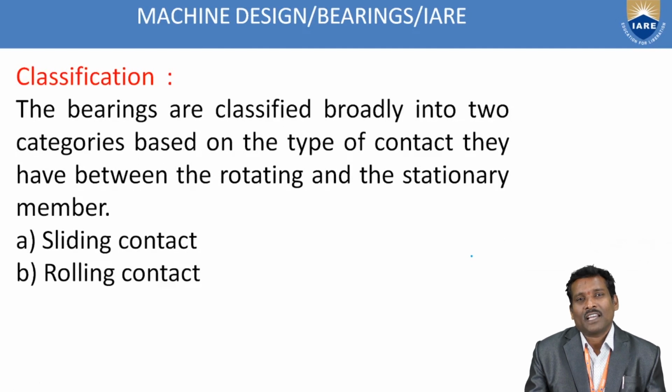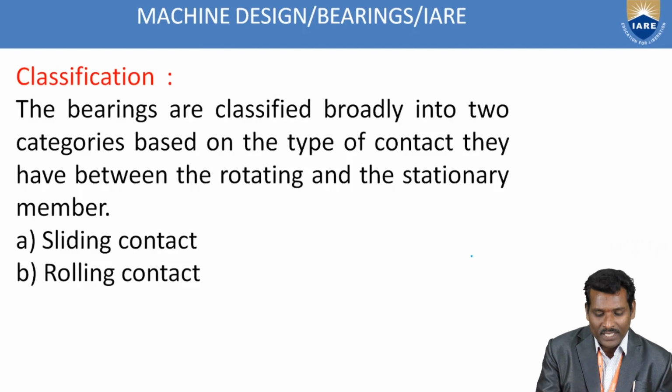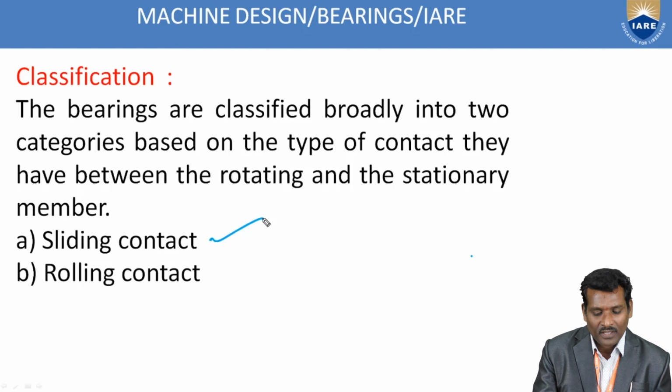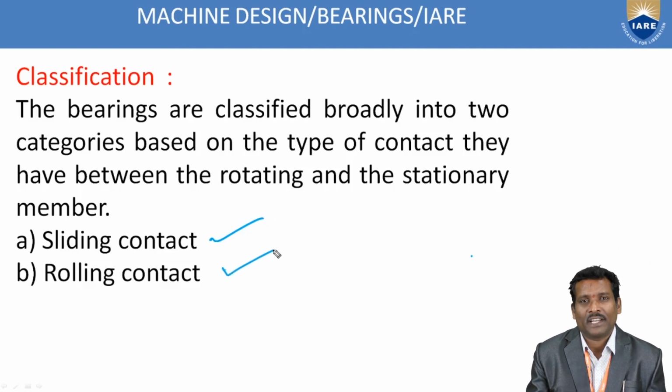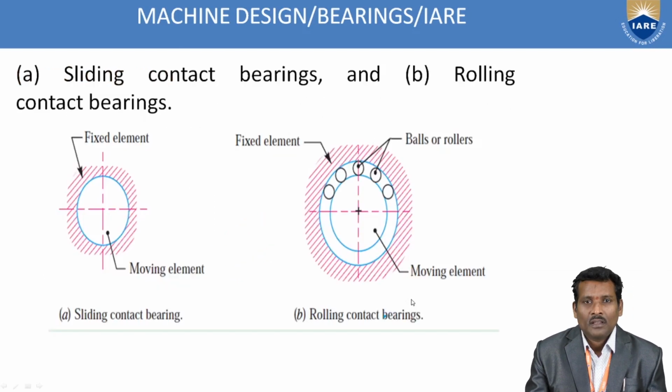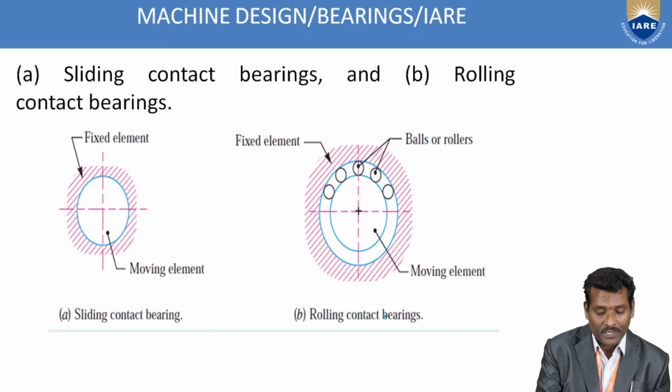Mainly, bearings are classified into two categories based on the type of contact between the rotating and the stationary member. One is sliding contact bearing and another is rolling contact bearing. Broadly classified into these two types. First we will see sliding contact bearings. Look at this figure.